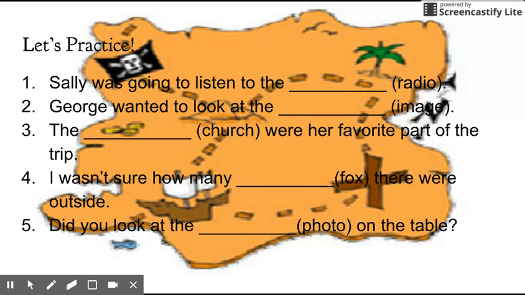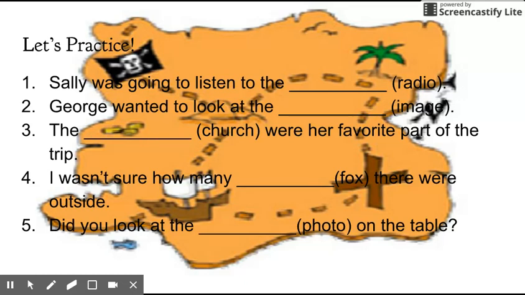Number 2, George wanted to look at the, make it image plural. Number 3, the blank were her favorite part of the trip. Number 4, I wasn't sure how many, plural form of fox, there were outside. And number 5, did you look at the, plural form of photo, on the table?